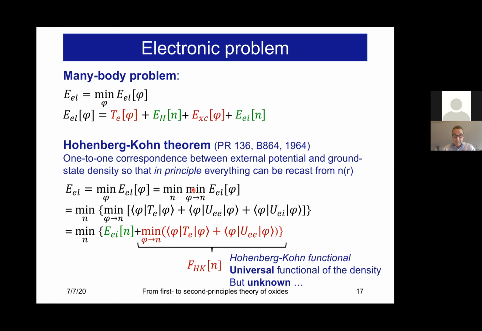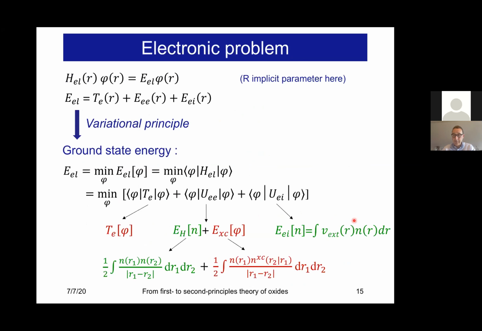Okay, I can do this, but then if I do this, I need to minimize over the wave functions that give me a given density, these three terms here. And you remember that the last term here only can be cast in terms of the density itself, since it is corresponding to this thing here. So you see that this term here is totally independent of the wave function that gives you a given density n of r.